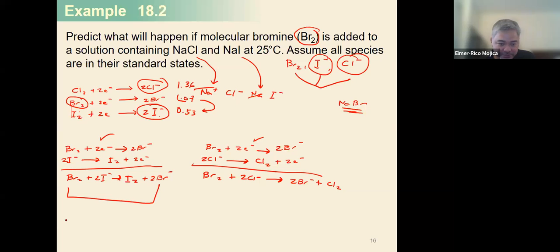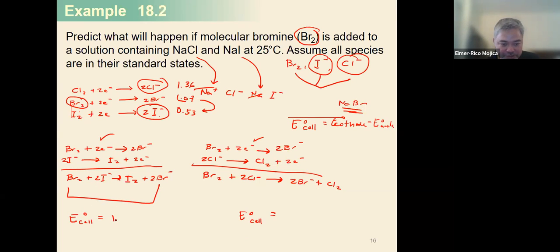And you can determine the cell potential for that. What would that be equal to? And we can get the cell potential for this one also. Remember, E cell is equal to what? E cathode minus E anode. So what do you get from this reaction?